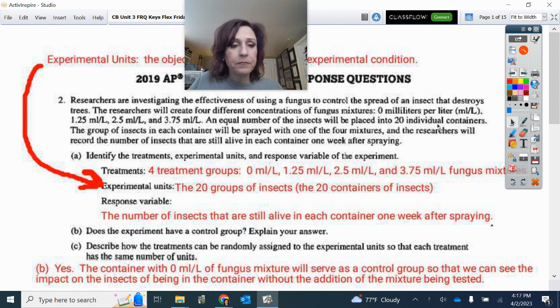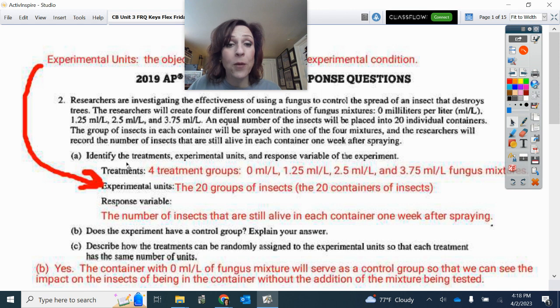Here we go. First of all, this was the problem about the mixture that they were hoping would control the spread of the insects that destroy the trees. At first, it asked for the treatments. No problem there. You had to indicate something about all of them. If all you said was the fungus mixture, or the mixture sprayed on in the container, no go.